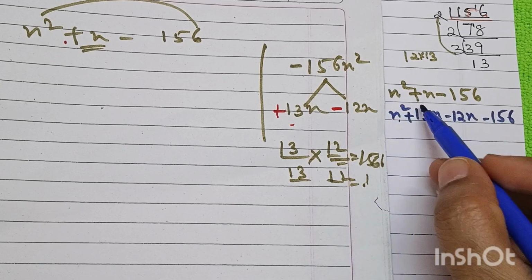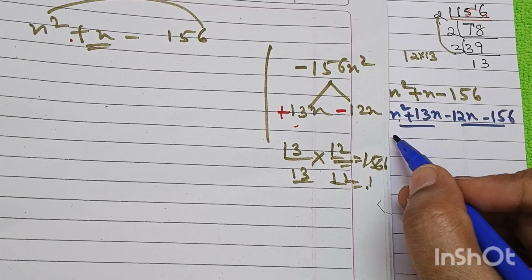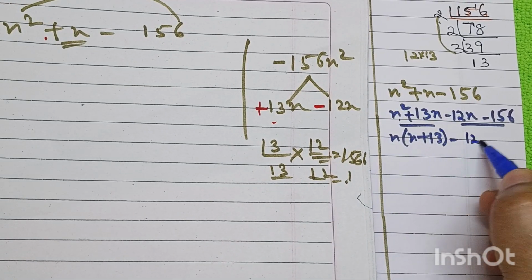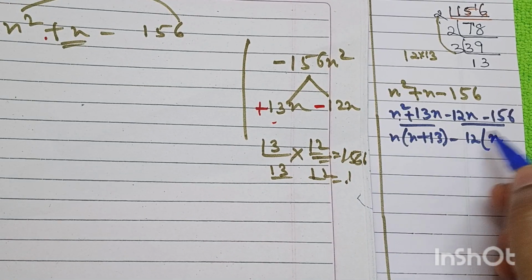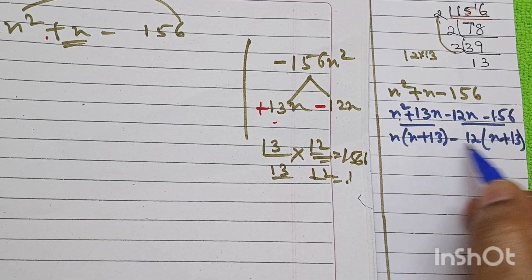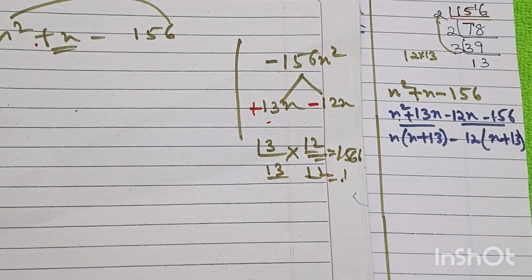Grouping: n plus 13 minus 12, n plus 13, both are the same value, so our answer is correct.